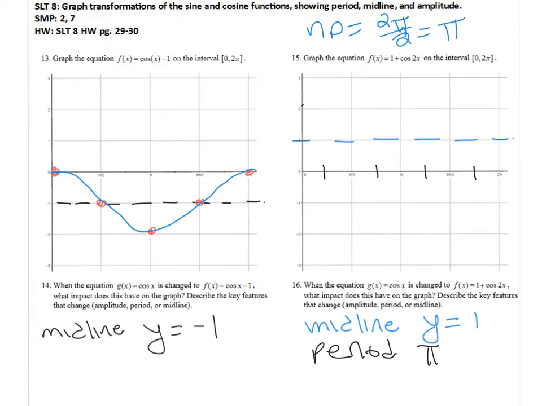So let's see, we have maximum, middle, minimum, middle, maximum, middle, minimum, middle, maximum. And there's our 2 periods. In 2 pi, we got 2 periods of the cosine function because of that horizontal dilation.